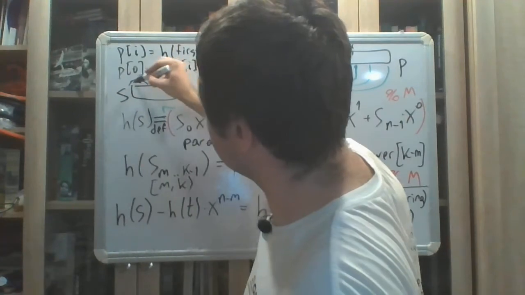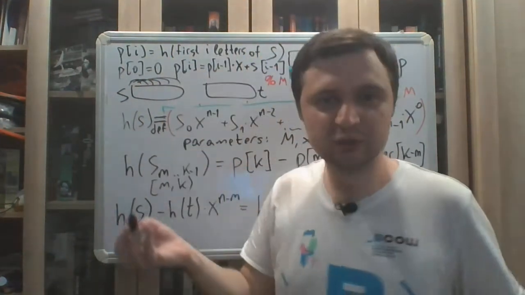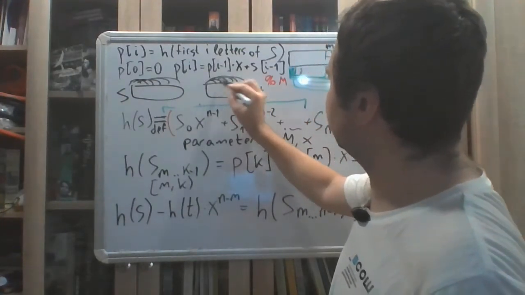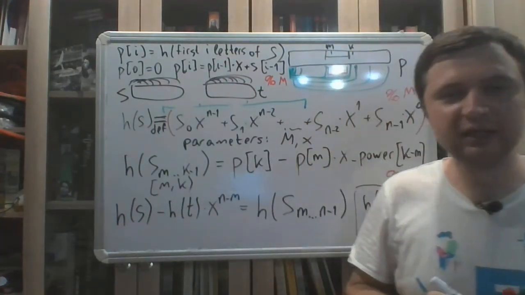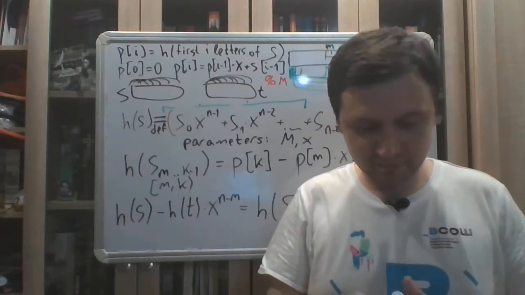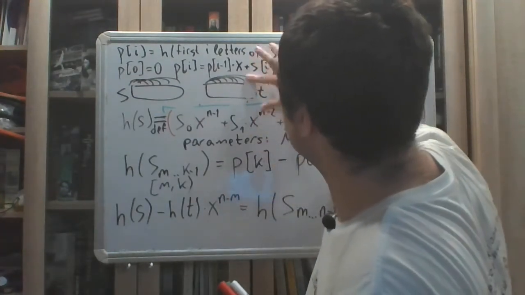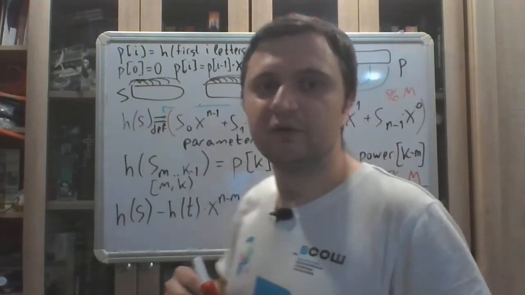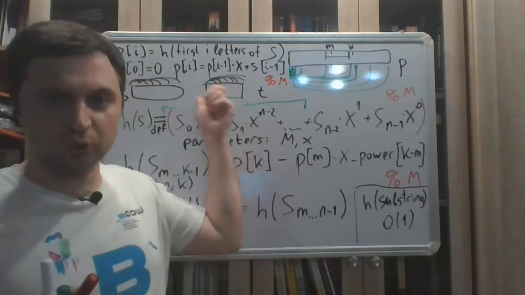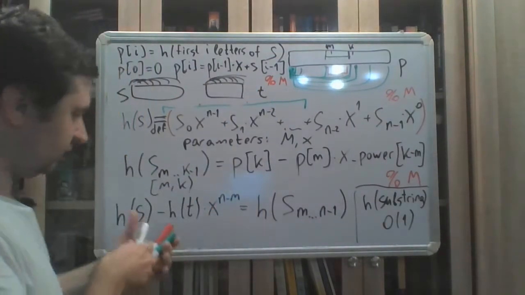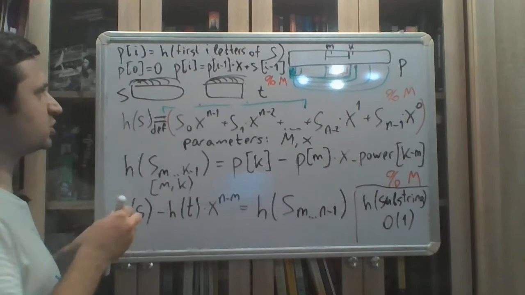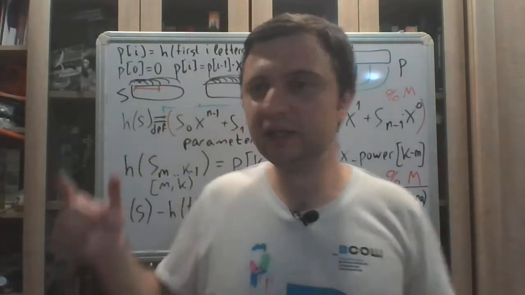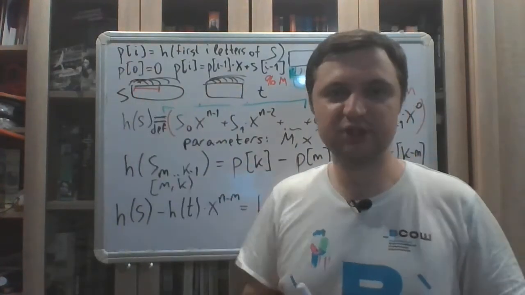So we pre-calculate the prefix hashes for s in one array, in one list. We pre-calculate the prefix hashes of t in some other array. And what can we do now, for example? Let me draw t a little bit shorter than s. So how do you search for t in s? Well, you search over all possible positions over here. And now you want to check if t is exactly present in this position.